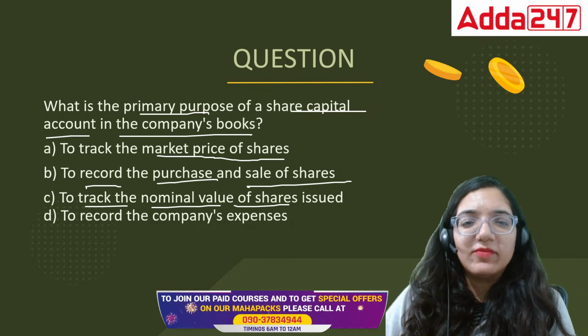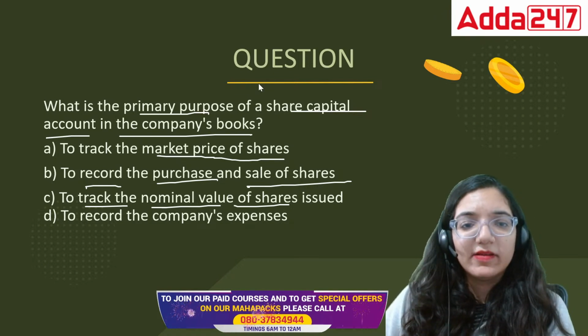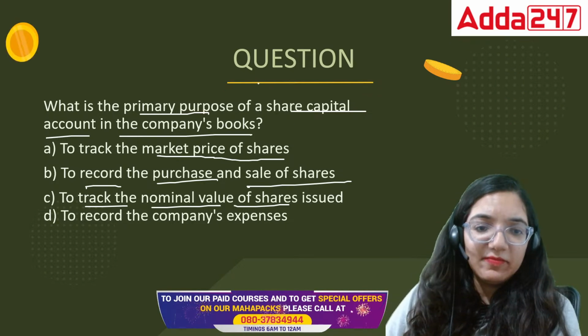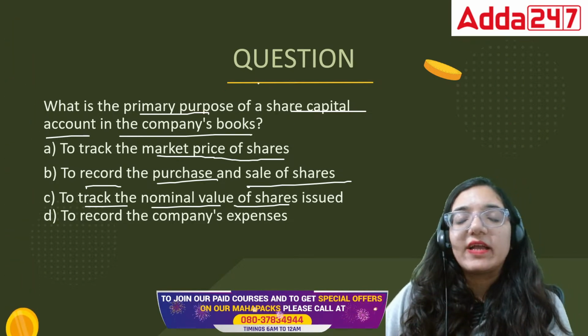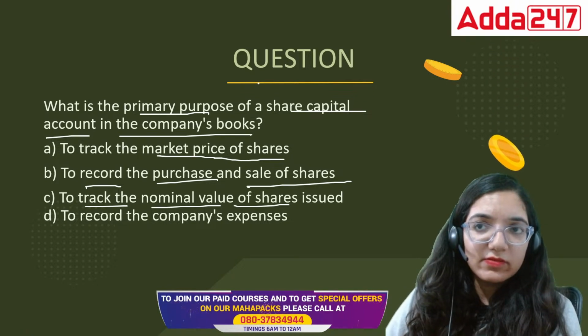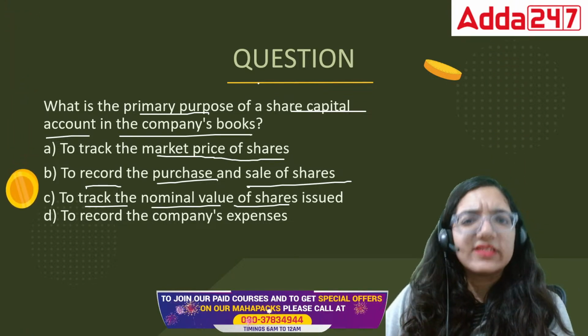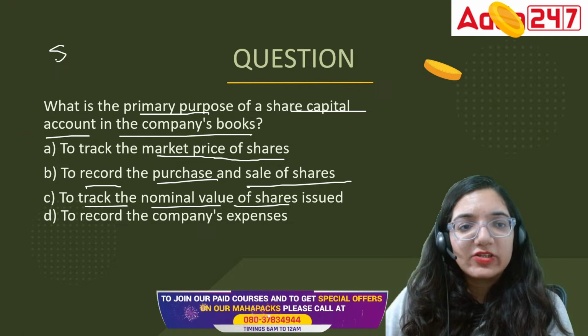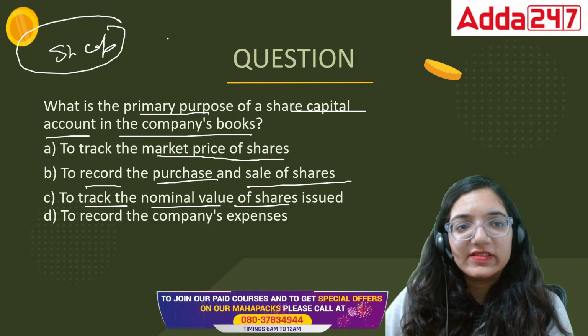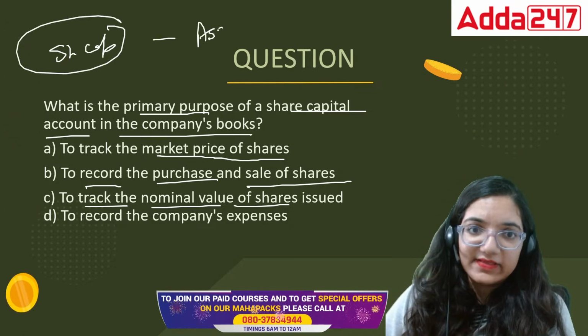When we talk about the primary purpose of the share capital, see, why do we raise share capital? The basic reason that we have a share capital is to bring the business into existence, right? First of all, you bring share capital, you run the business, and then you make assets out of it. That's the basic purpose of it.